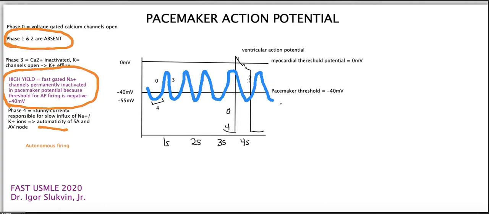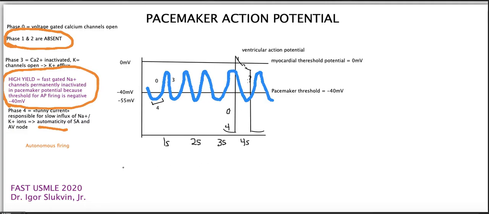Okay. So phase 3 is basically where the calcium channels are inactivated, and K plus channels are opened for the efflux to get that potential back to more negative, so it can start the process all over again.